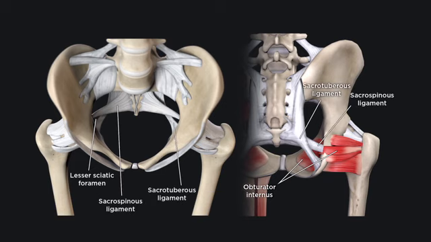The superior gemellus muscle flanks the superior edge of the tendon of obturator internus, and the inferior gemellus muscle flanks its inferior edge. Together, the 3 muscles insert into the medial aspect of the greater trochanter, near the intertrochanteric crest that runs posteriorly between the greater and lesser trochanters.